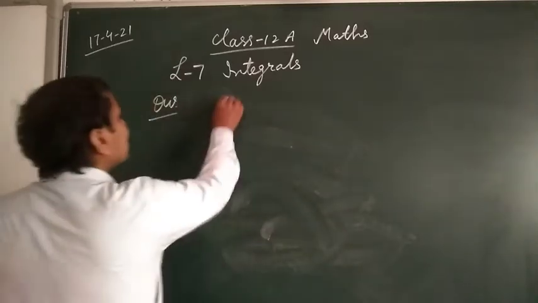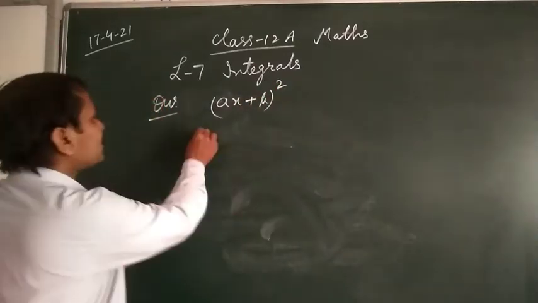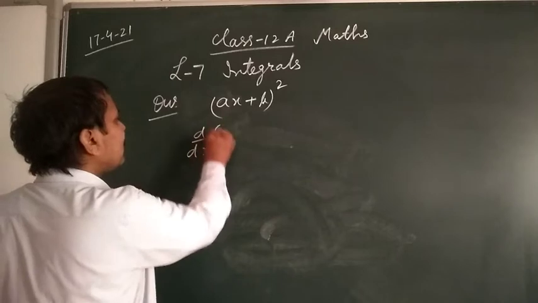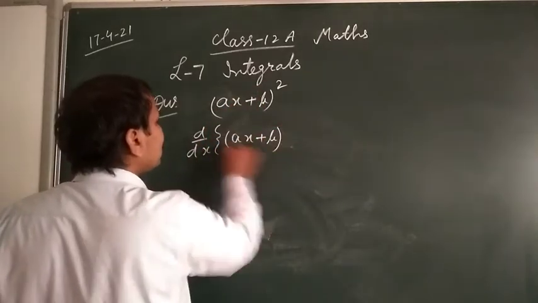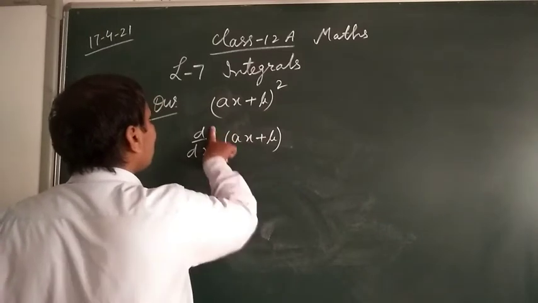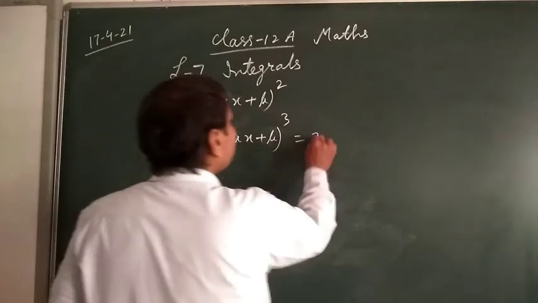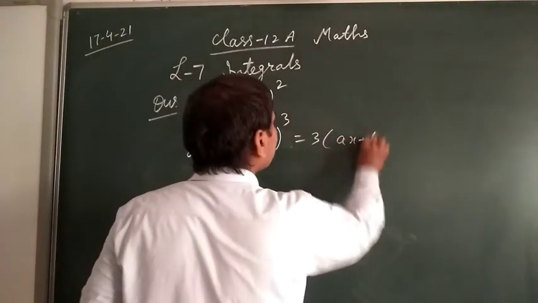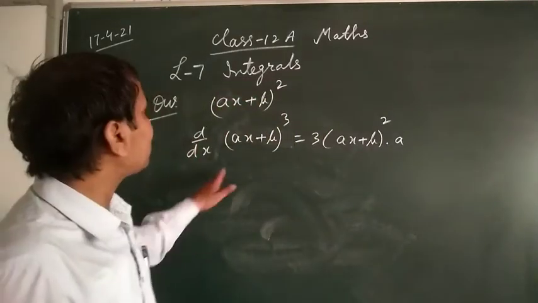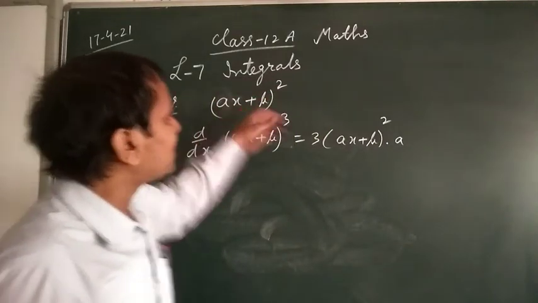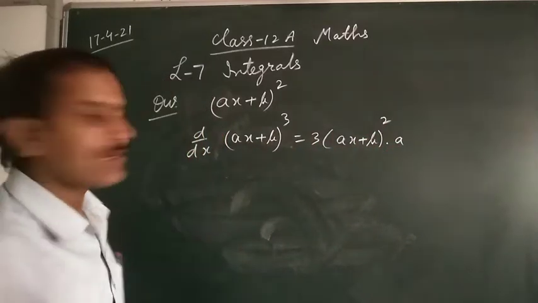Ax plus b whole square. First find which function's differentiation is this. So take ax plus b whole cube. Its differentiation will be 3 times ax plus b whole square into a. But we have to find the antiderivative of ax plus b whole square. So except for ax plus b whole square, transfer the rest to the left-hand side.